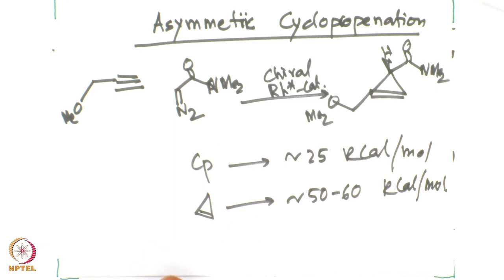So, overall in this part what we have seen today is the cyclopropanation reaction, and then we expanded the methodology to the cyclopropenation reaction, which is even more energy demanding, and it is usually much more difficult to stabilize and prepare the cyclopropene. But with rhodium, for example, even an asymmetric version can be prepared by utilizing simple carbene type chemistry.